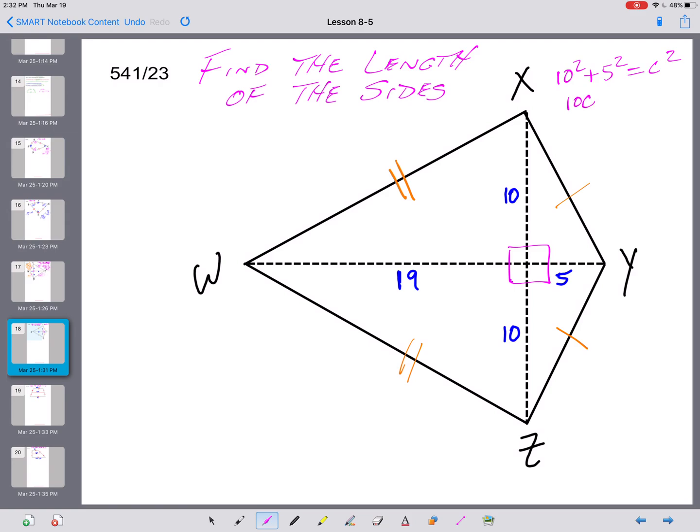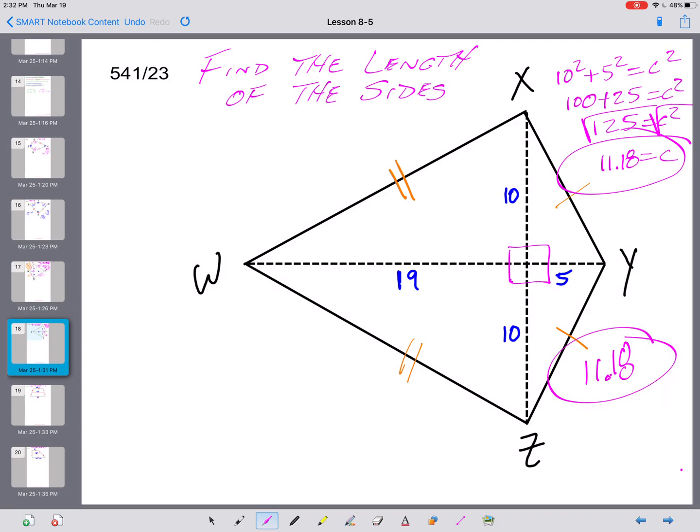We got 100, we got 25, there it is, 125 equals c squared. Let's root it, a little over 11. Root of 125, 11.18 for here and for here, 11.18.